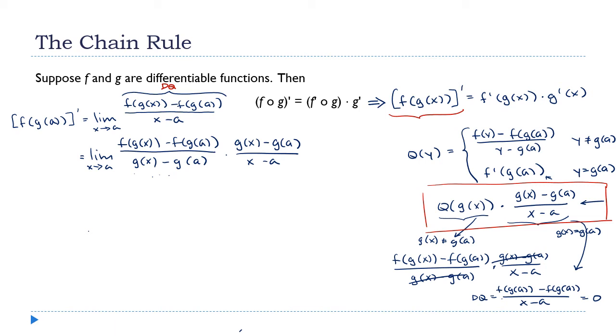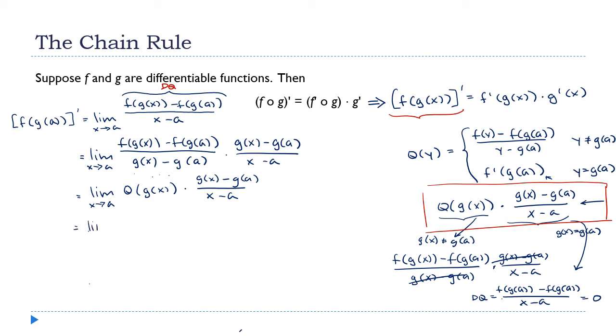Now, that means my limit over here is equal to the limit as x approaches a of q of g of x times g of x minus g of a over x minus a. Okay, now I'm going to use my limit rules. I'm going to split this up.